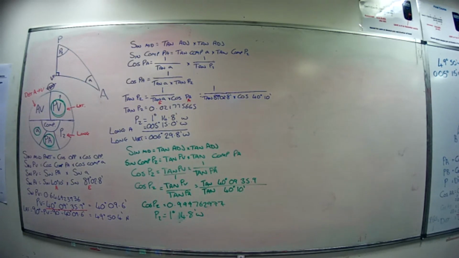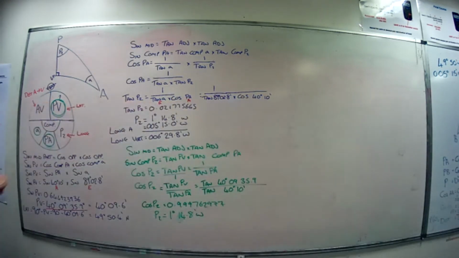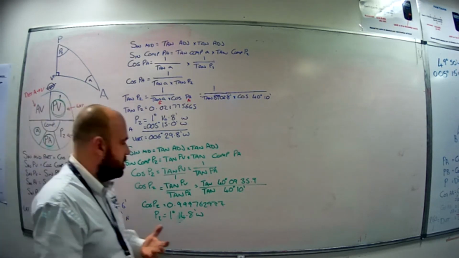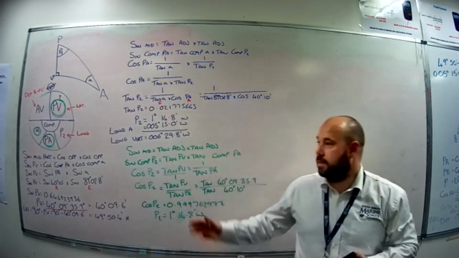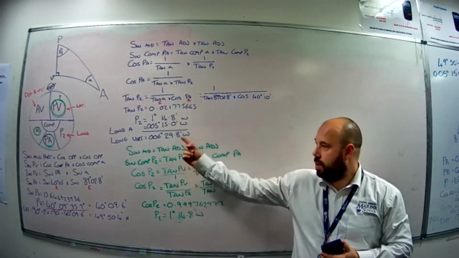And that's how we get the latitude or longitude of the vertex. Good old-fashioned Napier's wheel. And once we've done that, now we know the position of the vertex. We have that position labelled on our diagram. We know what it is now.